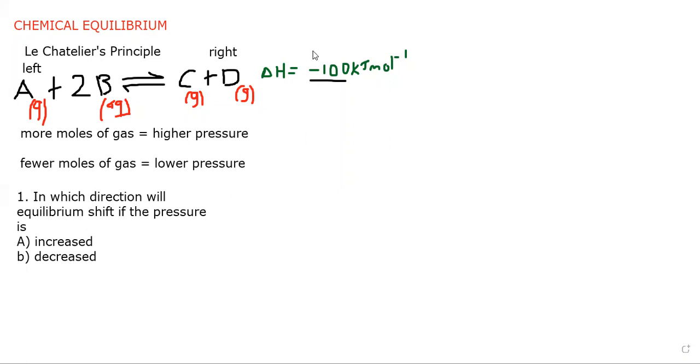So in our current equation, we have 1 mole of C and 1 mole of D. Both of them are gases. So we have 2 moles on the right side. We have 1 mole of A, which is a gas, and 2 moles of B, that's aqueous, it's a solution.